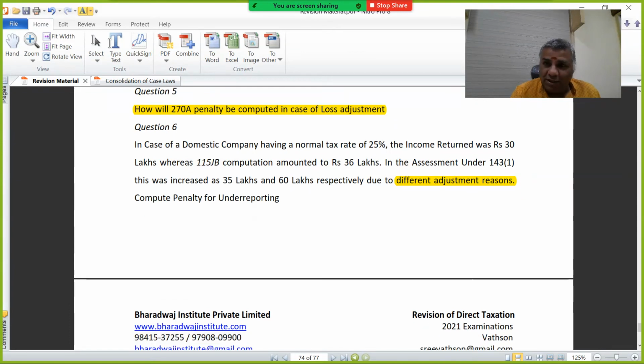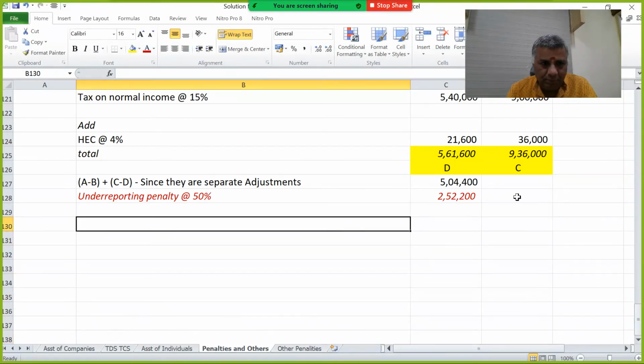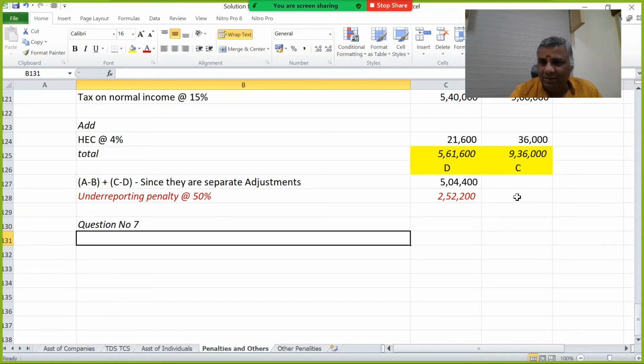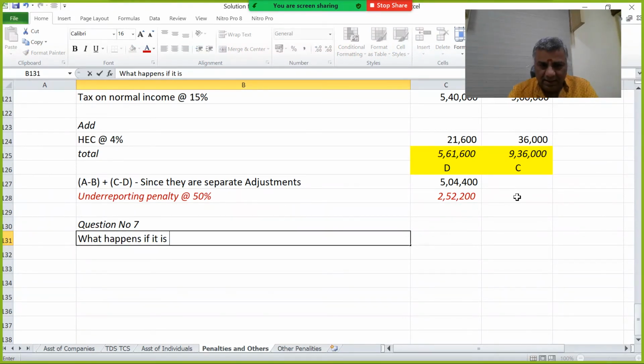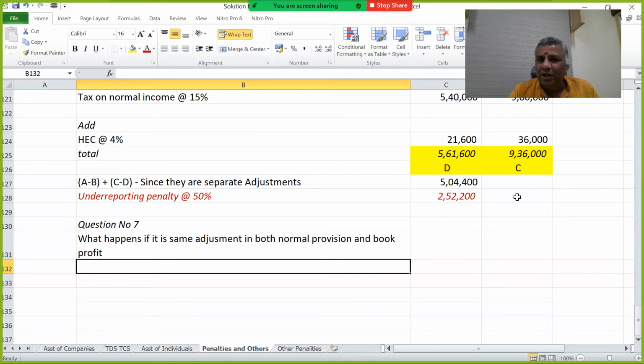What if it is the same adjustment? Question number 7. What happens if it is the same adjustment in both normal provision and book profit?